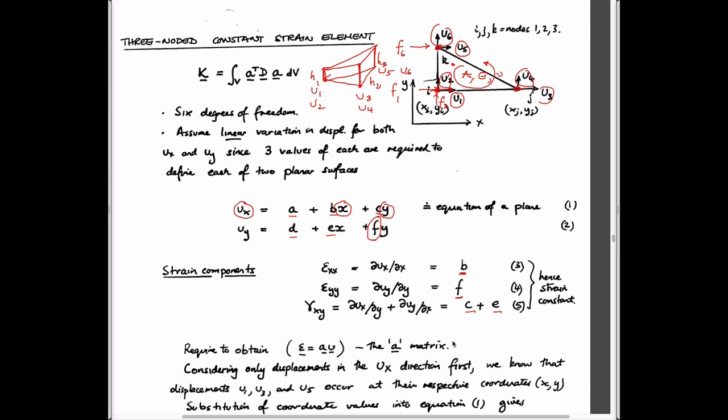So the point is, if we want to be able to define our strain displacement matrix, which is this, the components of strain that we have are strains in the x direction, strains in the y direction, and shear strains gamma xy.